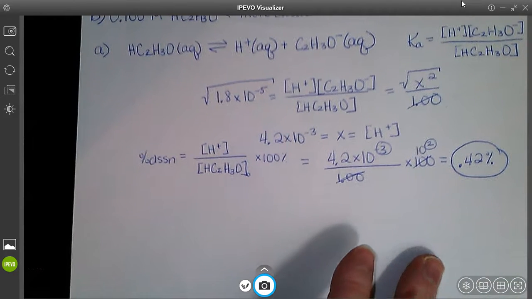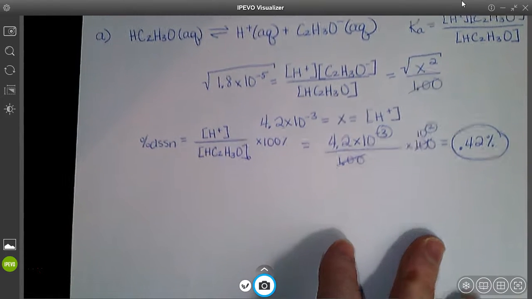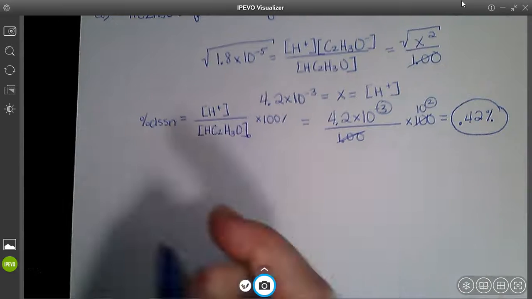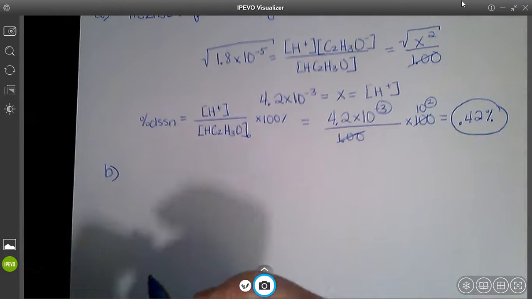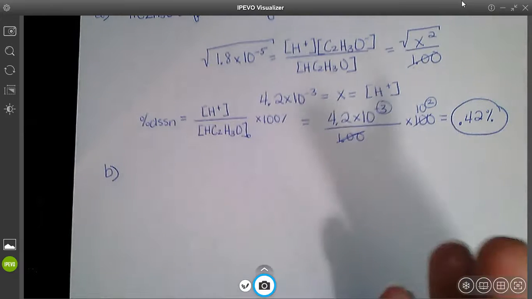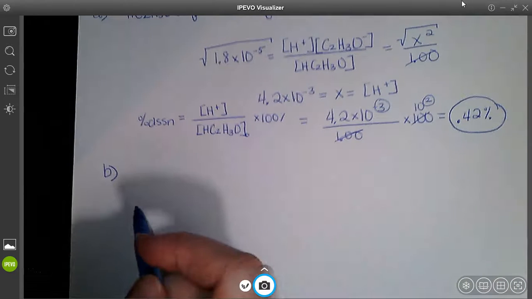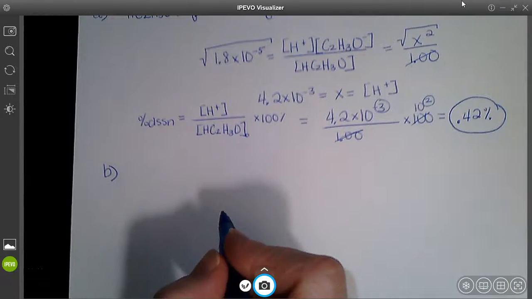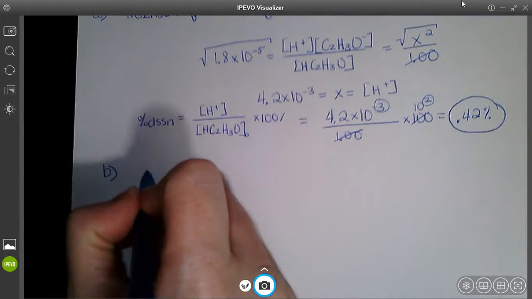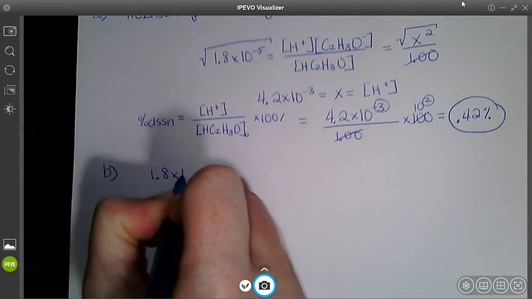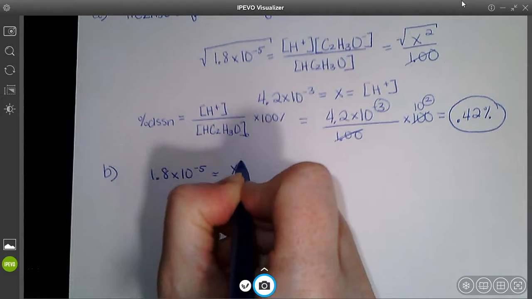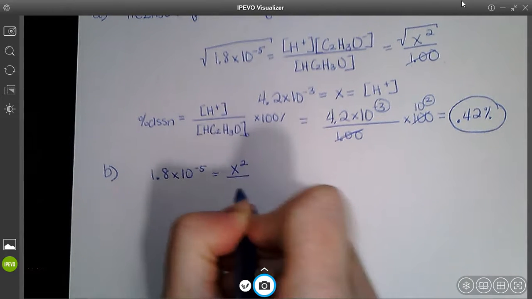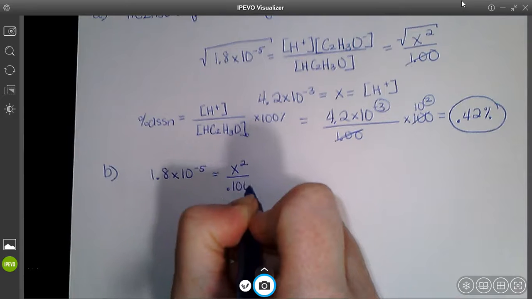So let's do part B. Let's do this for the lower concentration and see how it changes our percent dissociation. So part B, we've got the same equation, we've got the same Ka, it's just now we have a different initial concentration. 1.8 times 10 to the negative fifth approximately equals our new X squared divided by 0.100.